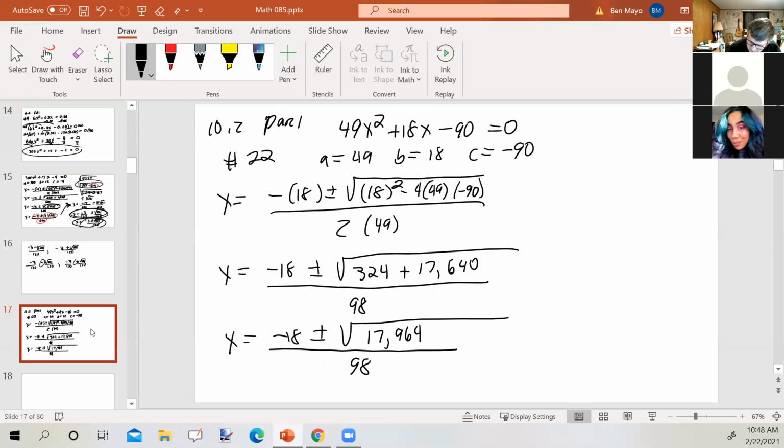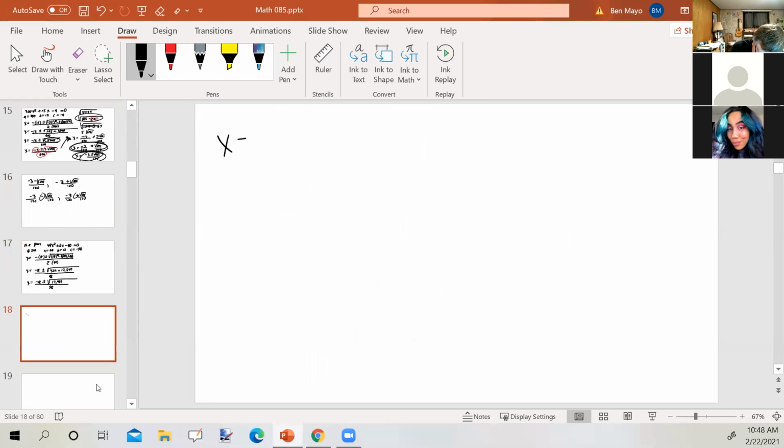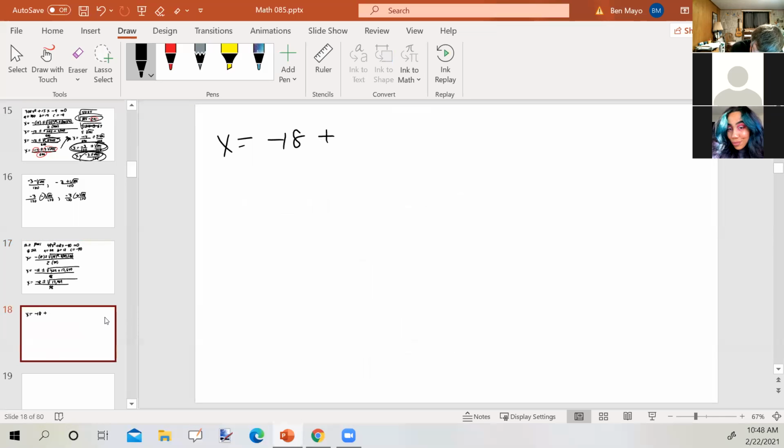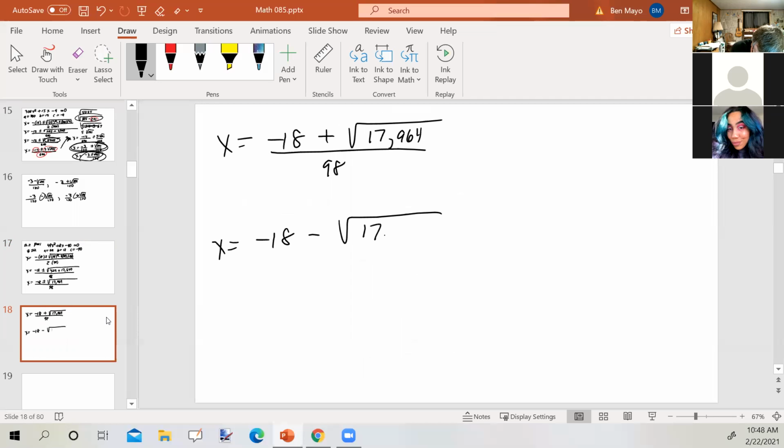I'm going to go straight to the calculator. So I'm going to use x equals negative 18 plus the square root of 17,964 all over 98, and x equals negative 18 minus the square root of 17,964 all over 98. Okay, and this is where I'm going to get my answers to the nearest hundredth.